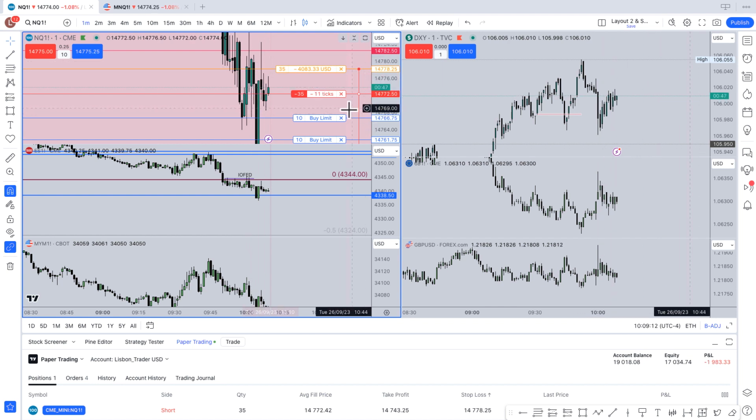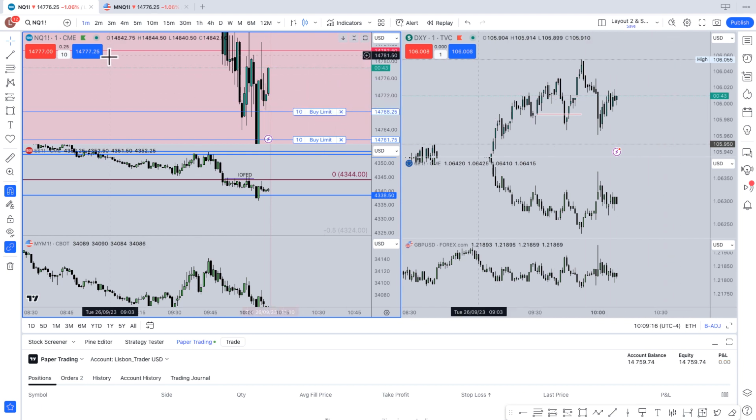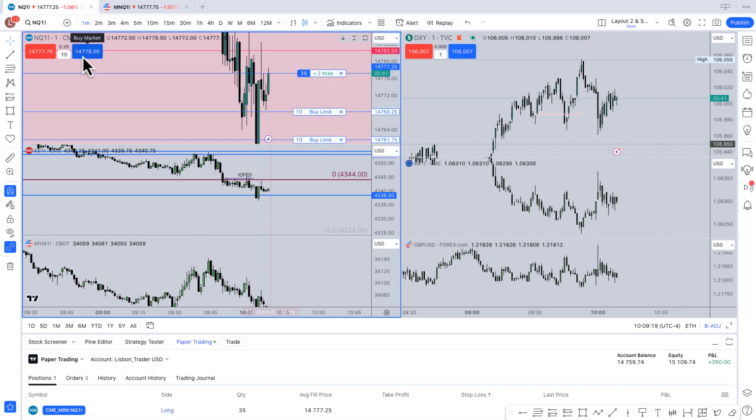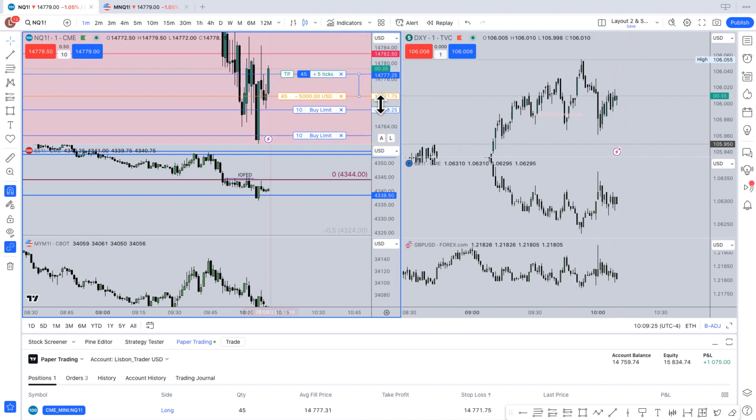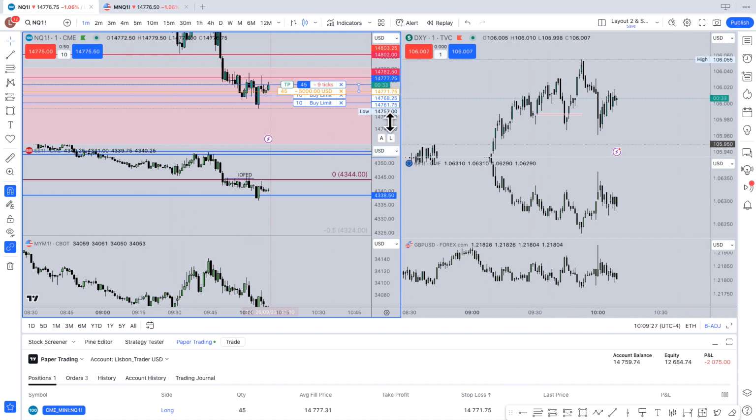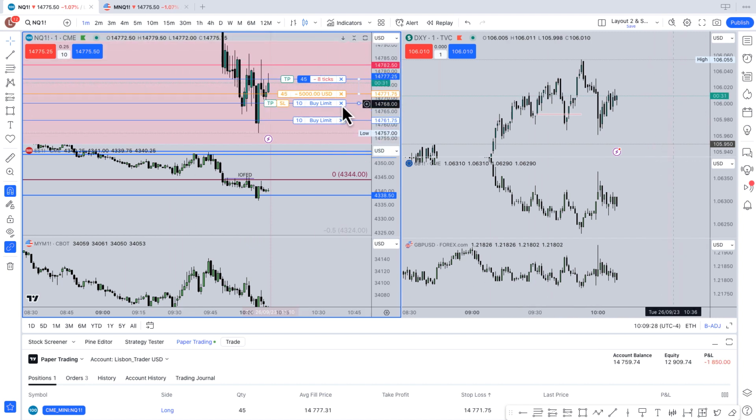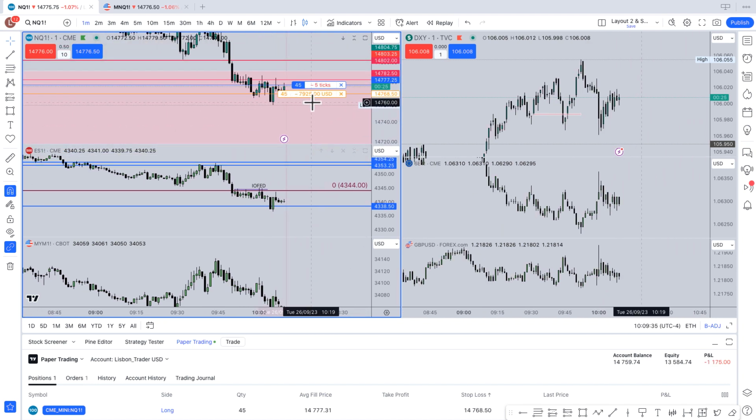There's this order block. So we are at 14. Another 10,000.